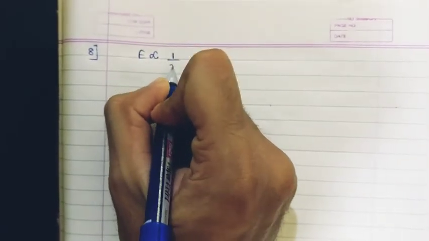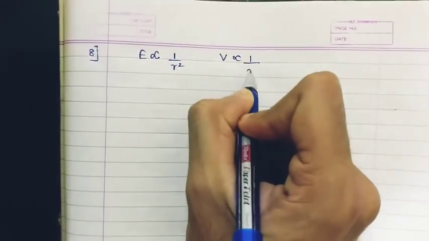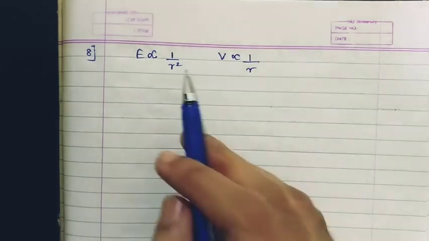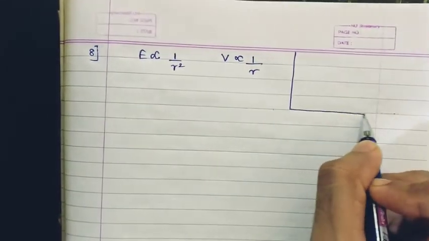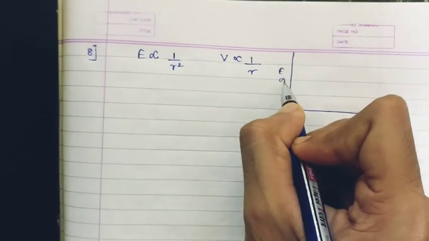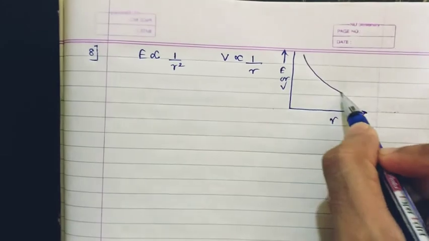So if we compare the electric field with the potential, electric field is inversely proportional to R square, as we know, and voltage, that is the potential, is inversely proportional to R. So if you see the difference, this is R square and this is R. If we plot the graph of E or V versus R, the graph would look something like this.